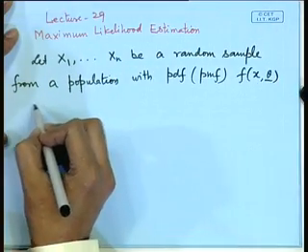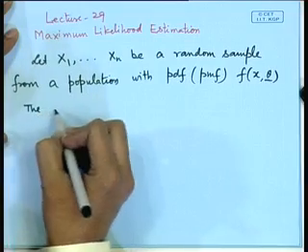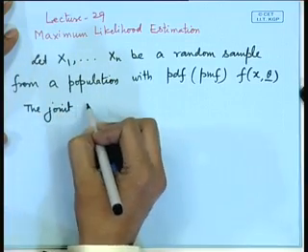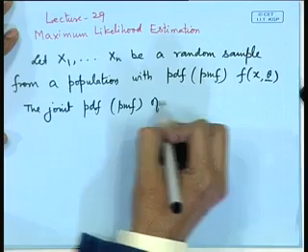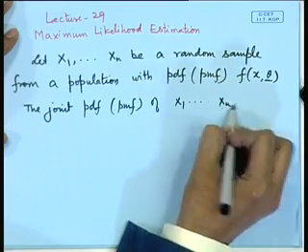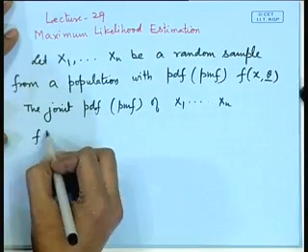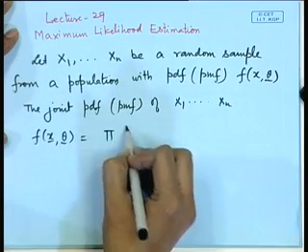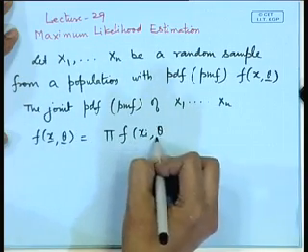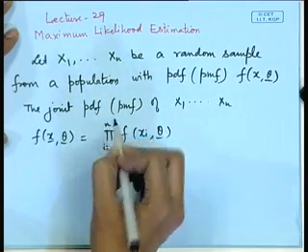So, we write the joint PDF or PMF of X1, X2, ..., Xn as f(x, theta) equal to the product of f(xi, theta), i equal to 1 to n.